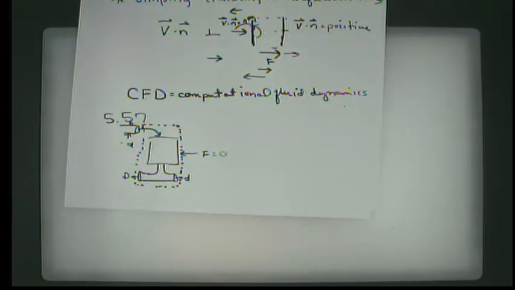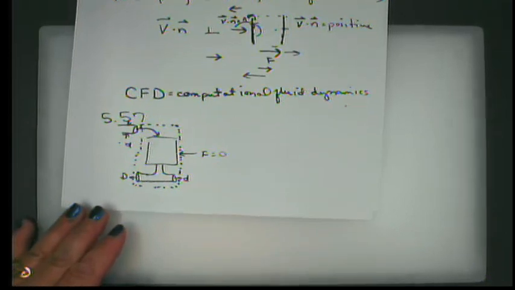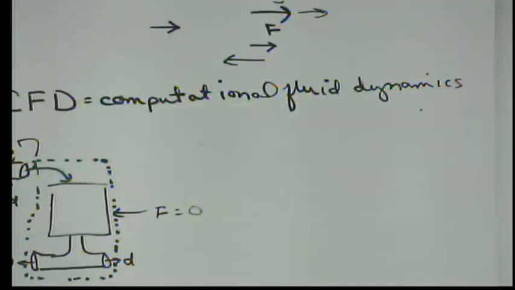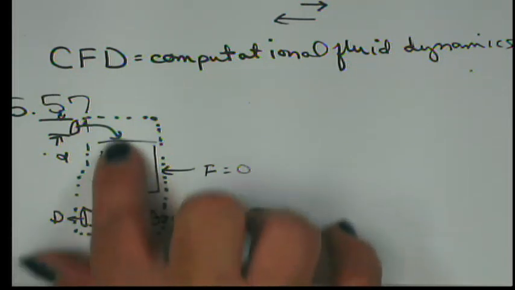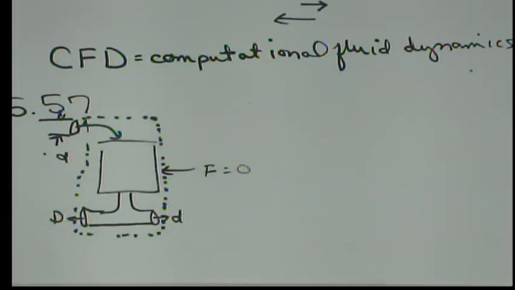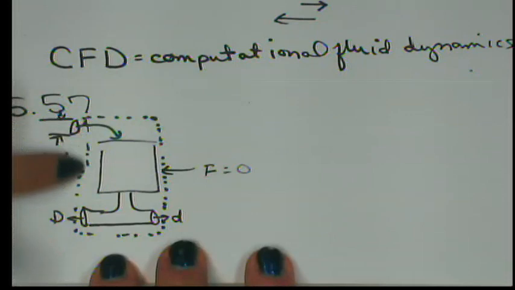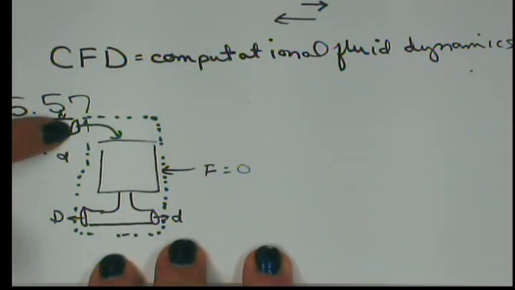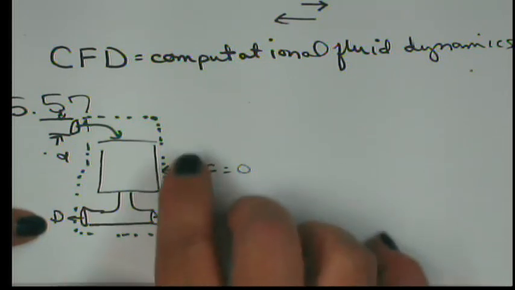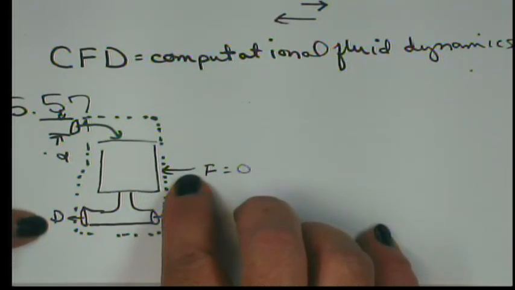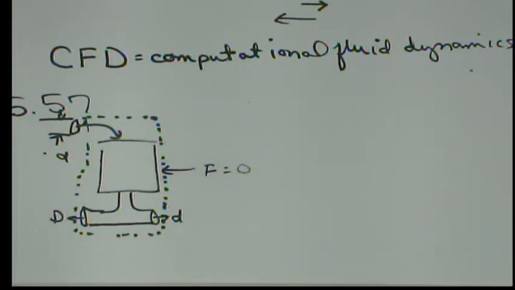This is actually green and the rest is in black, but that's okay. So the control surface has this water passing in, this water passing out, and this force acting upon the control volume.